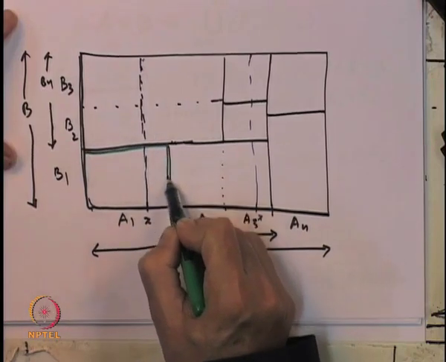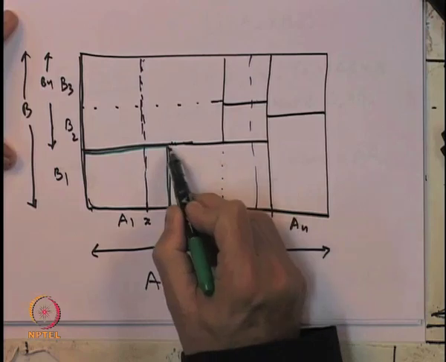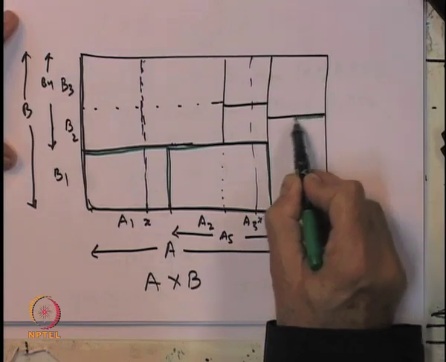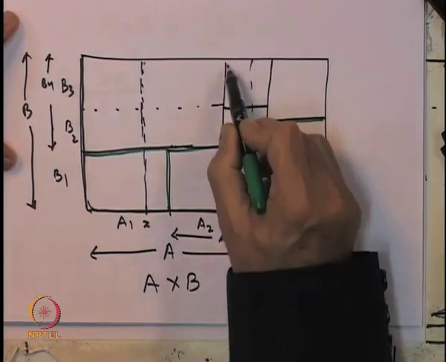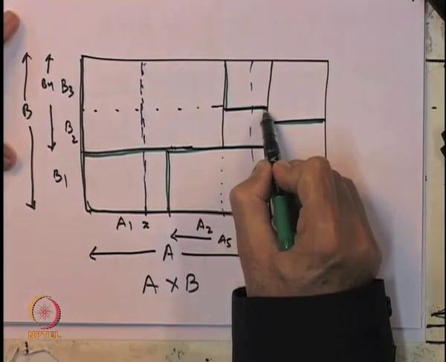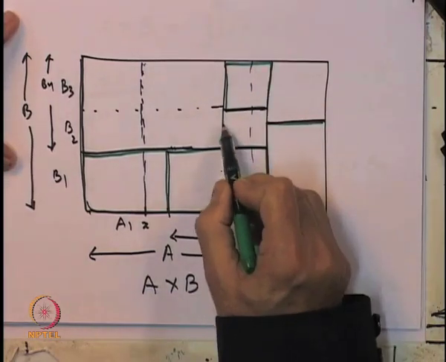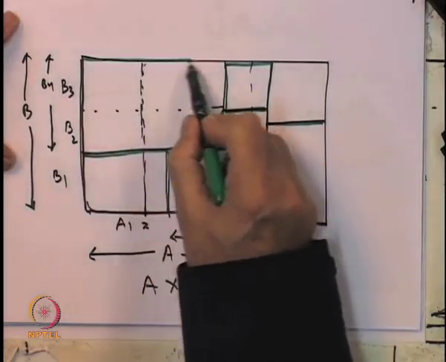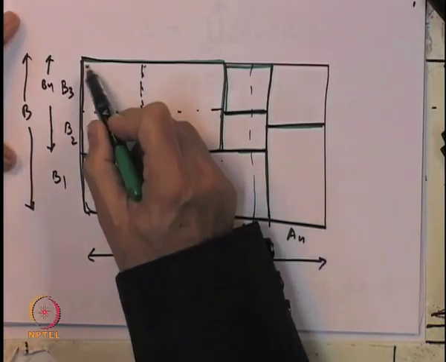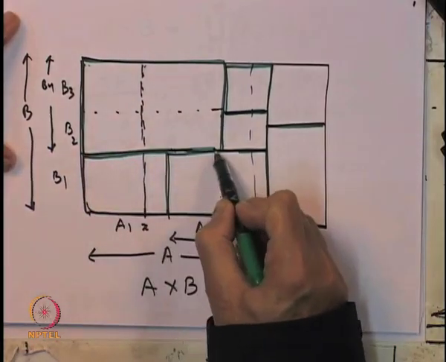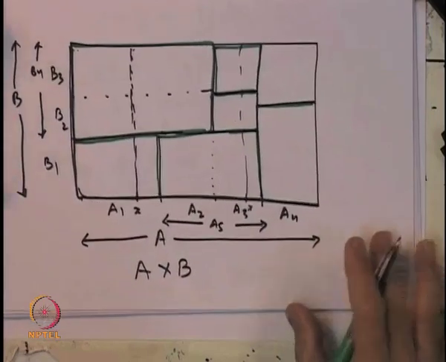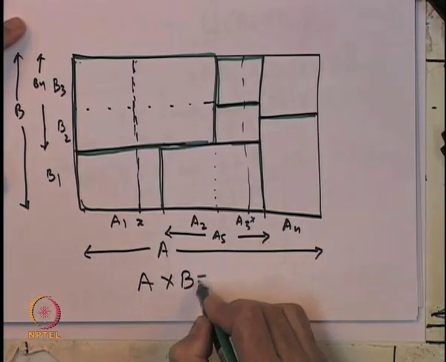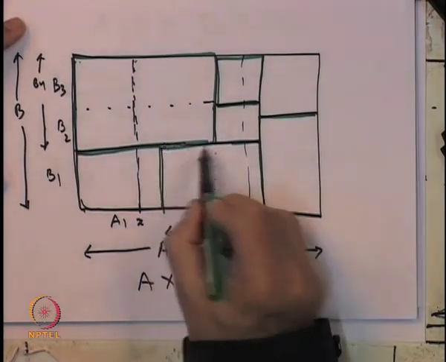One is this rectangle, the second rectangle is this, the third is this, the fourth is this, the fifth is this, and the sixth rectangle is this. So, the set A cross B is written as a disjoint union of rectangles.